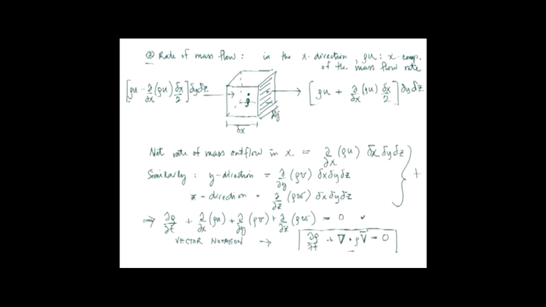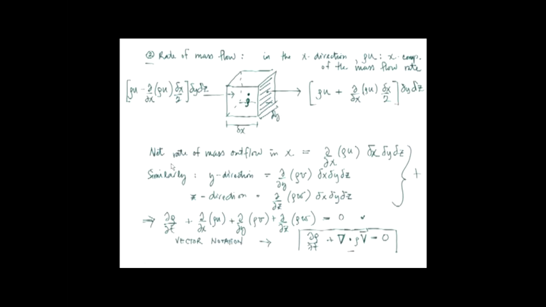And the net rate of mass flow coming out of the right face is rho u plus the rate at which the density is changing is this term, and the distance of right face from the center, that is delta x by 2 into the area delta y, delta z.